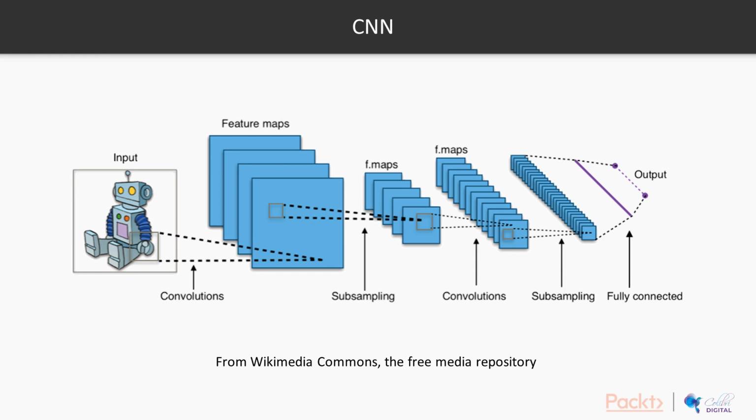So what you can imagine is we're now looking at a smaller subset of the inputs at a time and having a shared set of weights to compute an activation from that subset of inputs. What that means is, because we have multiple feature maps every time we create a CNN layer, each feature map allows us to capture a small pattern that is within the kernel size. One example is one feature map might capture the curve of the robot's hand, and the other one might capture a straight line that is the robot's head.